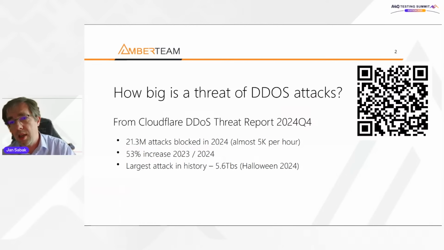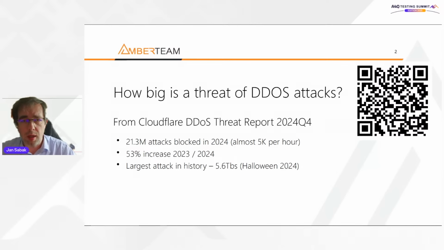As you can see from the Cloudflare DDoS threat report, I would like to cite some facts. You can look at this report, just scan this QR code, and it will let you see this report. So, in 2024, the previous year, Cloudflare blocked over 21 million attacks.